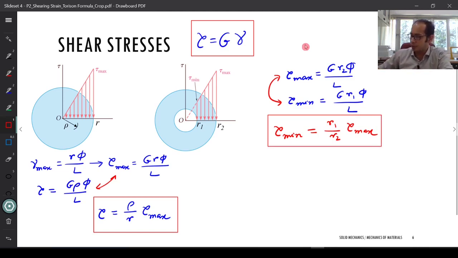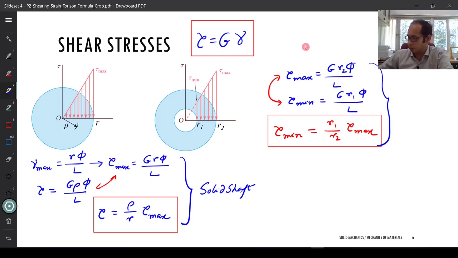So the bottom expressions are for the solid shaft, right? And the ones which we just derived over here are for the hollow shaft or tubes, right?